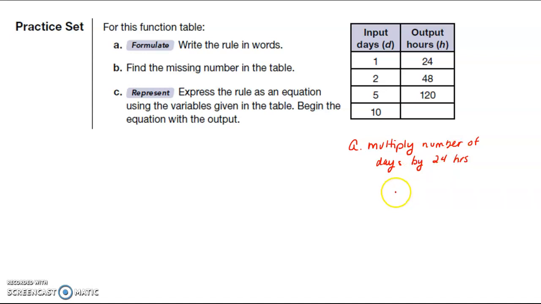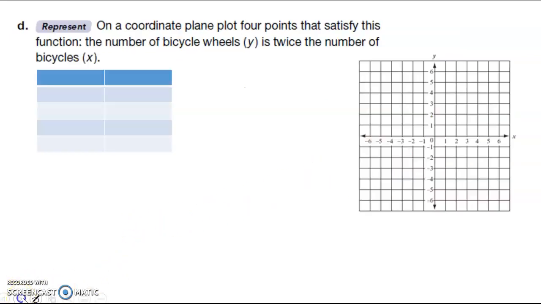Okay, so if I were to write that in equation form, my output is H equals 24 times D. So put that there. That's going to be H. And then it says find the missing number in the table. So if I need to find H, I'm going to multiply 10 by 24 and get 240. All right, let's go to the next.